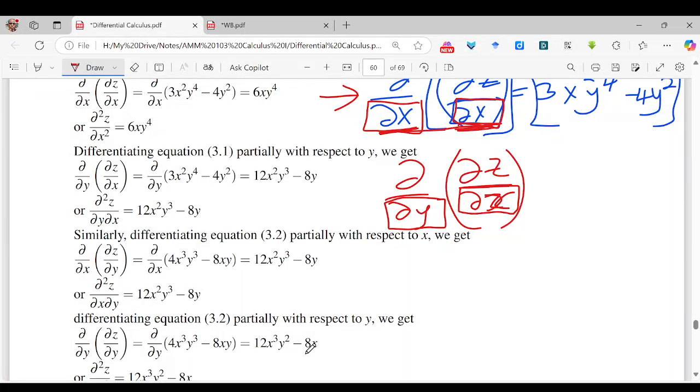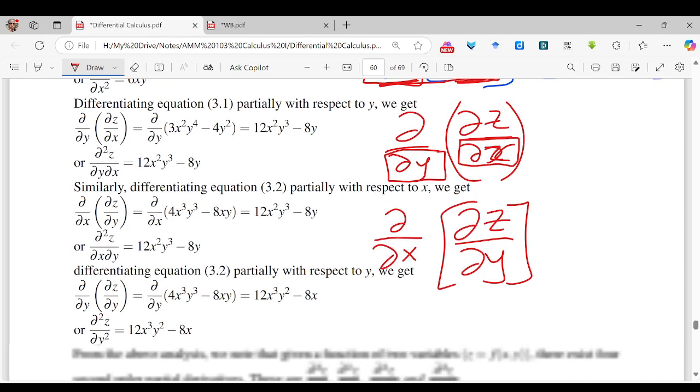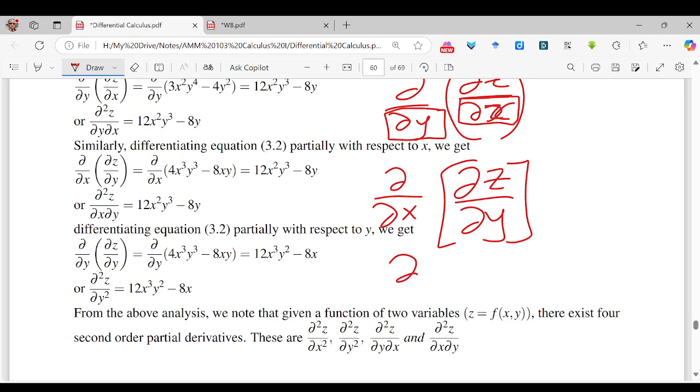Now, when we take the other function, the partial derivative of z with respect to y, we can do the same. We can differentiate this partially with respect to x, and we can also differentiate the same partially with respect to y.